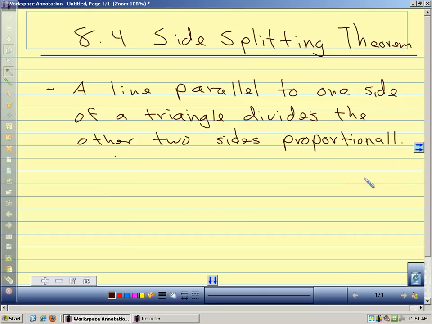And remember, proportionally means same ratio.